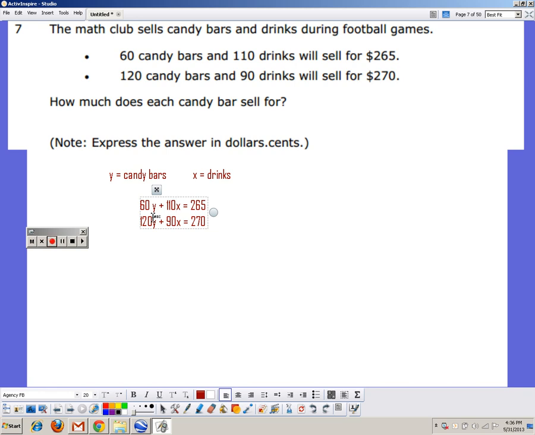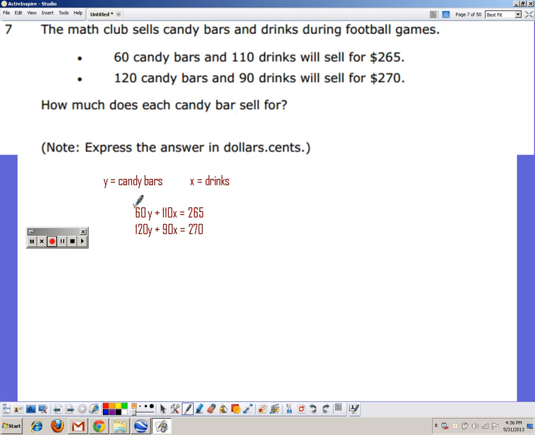Or if you look again, you notice that 60 is 1/2 of 120. So we could do the elimination method where instead of dividing everything, we're just going to multiply the top by a negative two.